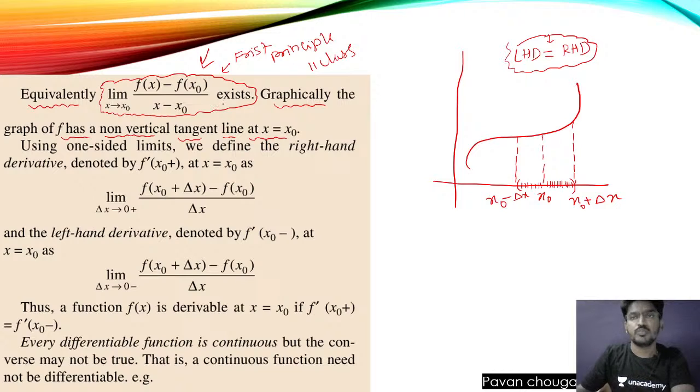Clear? Suppose if LHD, that means left hand derivative, is not equal to right hand derivative, it directly says that this limit does not exist. That means the first principle of your 11th class is not going to exist.